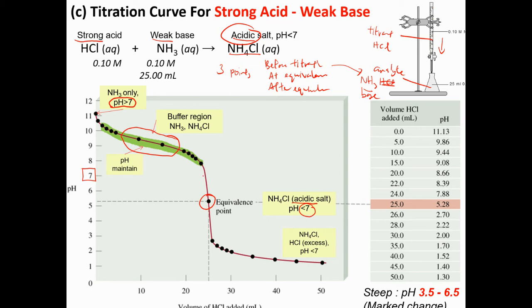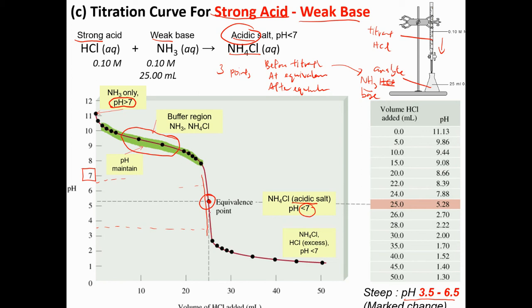And remember, you draw the strip here, the range must be roughly about 3.5 until 6.5 for strong acid and weak base. And then you plot the equivalence point in the middle of the strip.